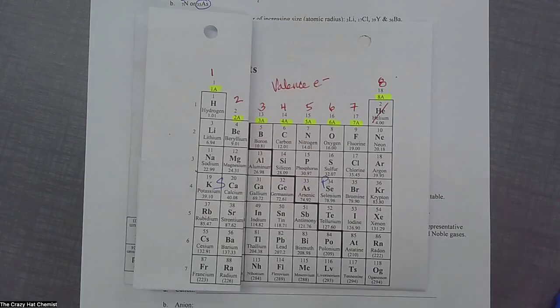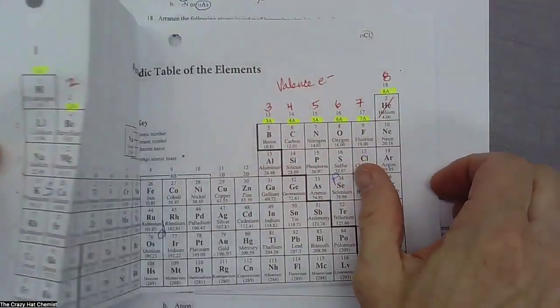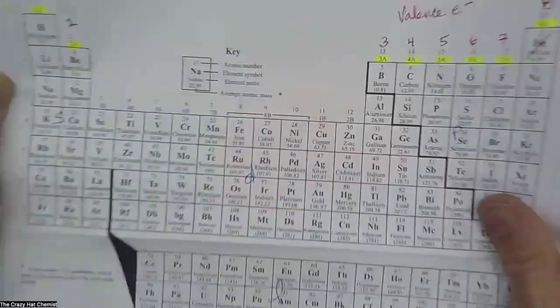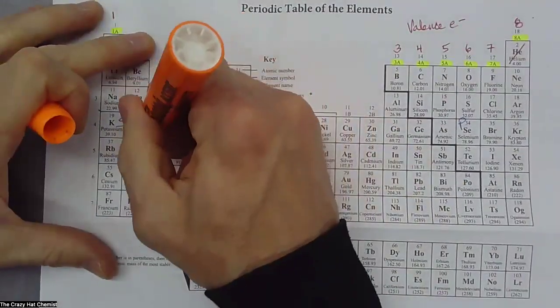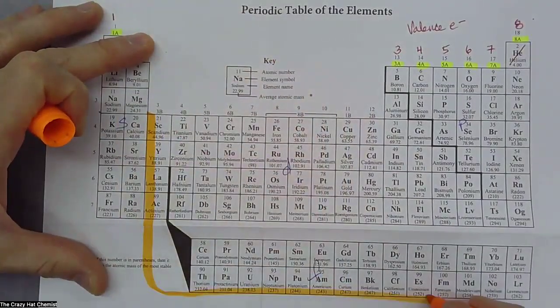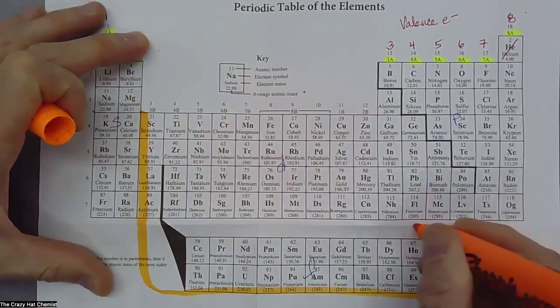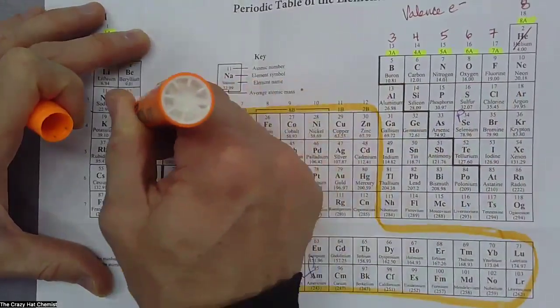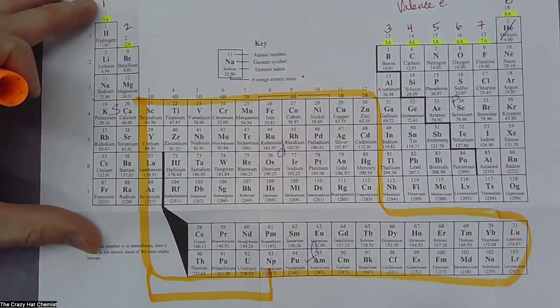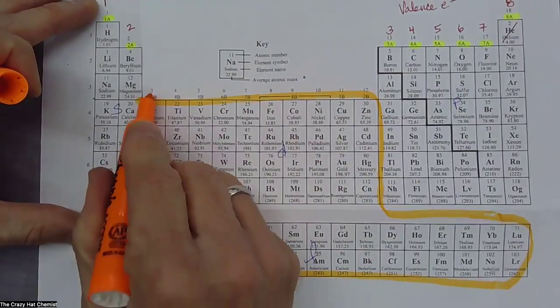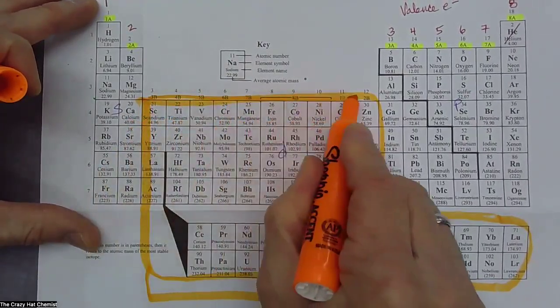And then in the D's and the F's, which is this block of elements, I'm going to draw a cutesy little picture here for you. Not a very good picture, but you should see that this looks like what? A boot. And so that's why all of these are B's, because they're in the boot.